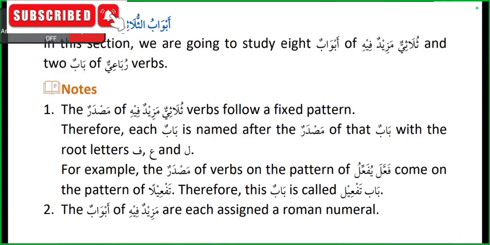Just for a brief explanation of this sentence, the masdar of sulasi mazidun fi verbs follow a fixed pattern. So whatever is the name of that bab is according to the masdar of that bab. Therefore, each bab is named after its masdar with the root letters fa, ain, and lam, and all the other letters will be izafi. They are not the root letters, but they are huruf zaidah.